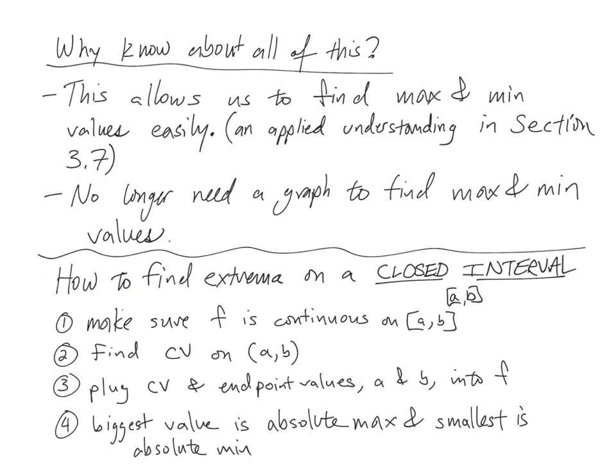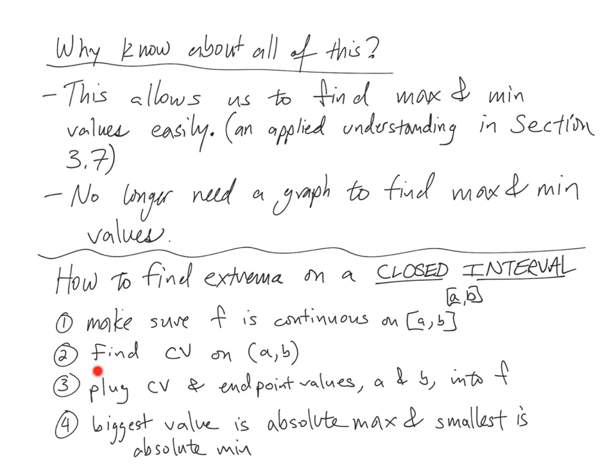So here go your 4 steps for finding this out. You have to make sure first and foremost that f, the function, is continuous on that closed interval. You just have to check for holes in the graph or make sure, like a square root function, that we are looking on an appropriate domain or vertical asymptotes.